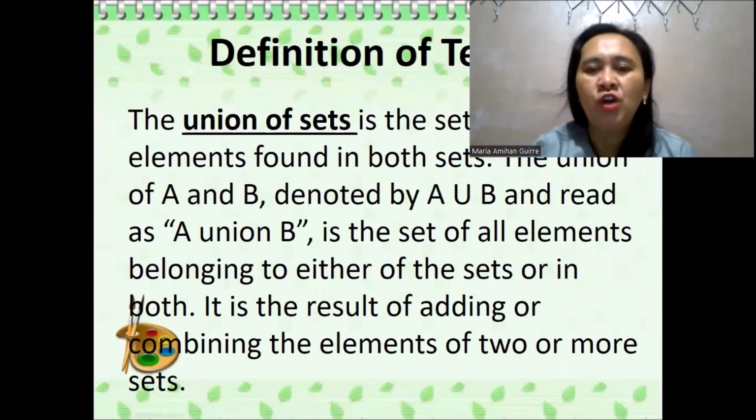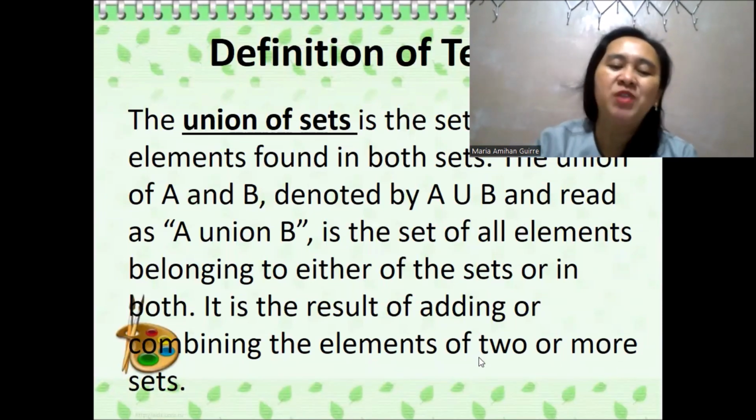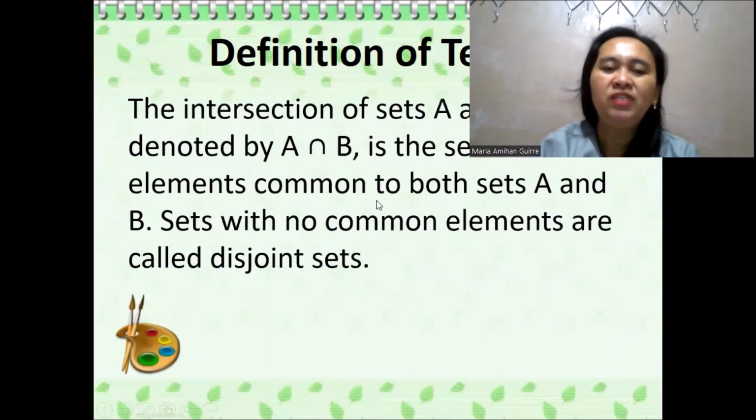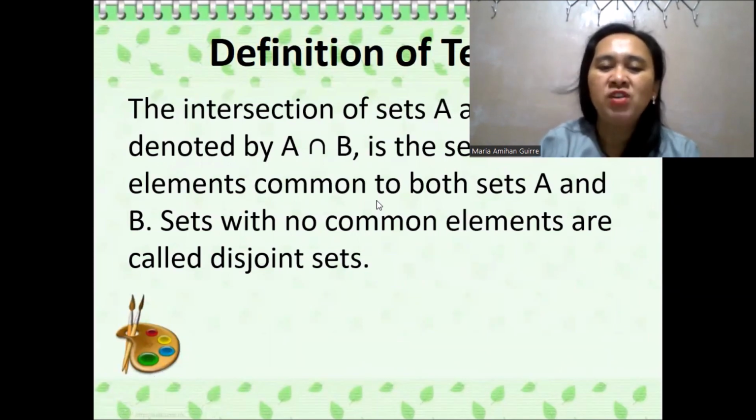The union of sets is the set of all elements found in both sets. So it is the result of adding or combining elements of two or more sets. The intersection of two or more sets is the set of all elements common to both sets.